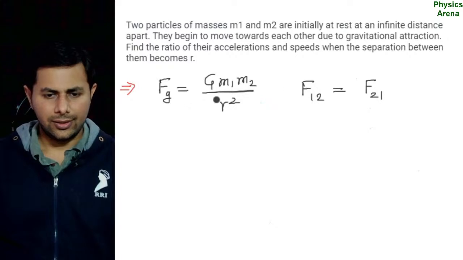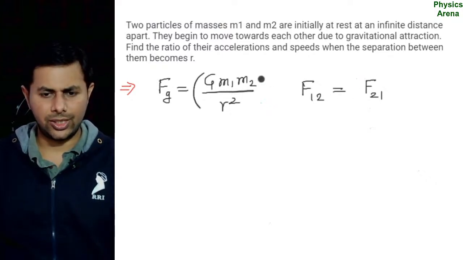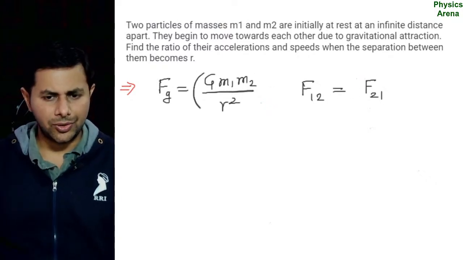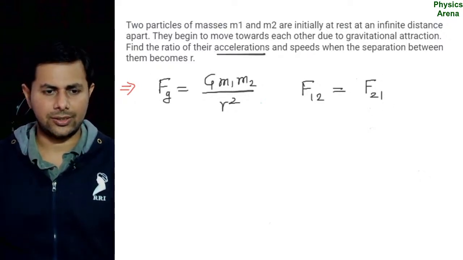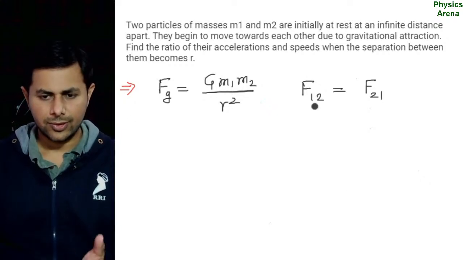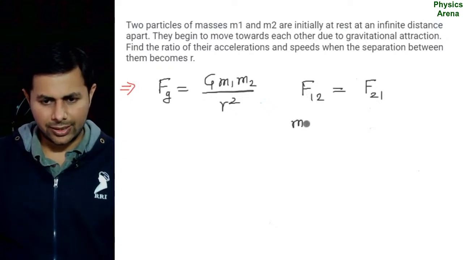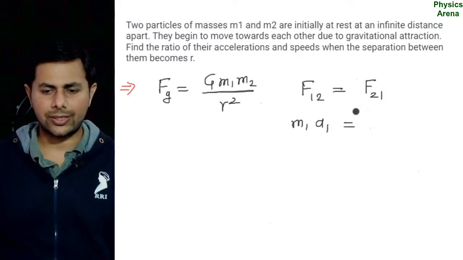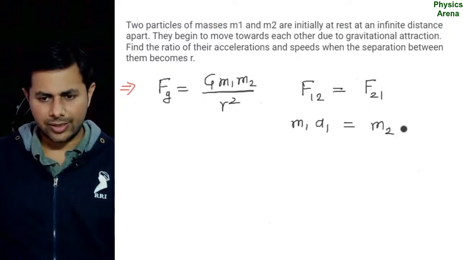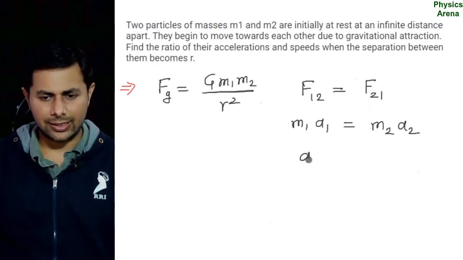All right, so now we can substitute F12 and F21 equal to G m1 m2 over r squared, but we need not do that. We are asked the ratio of their accelerations. The force on the first particle can be written as the mass of the first particle multiplied by its acceleration, and the force on the second particle can be written as the mass of the second particle multiplied by its acceleration. So what is the ratio of acceleration then?